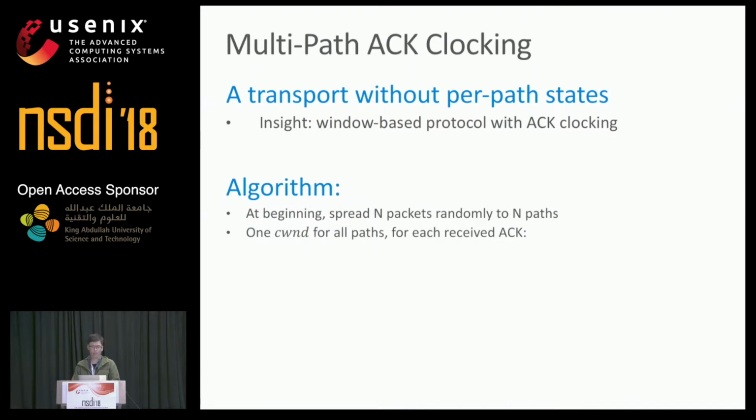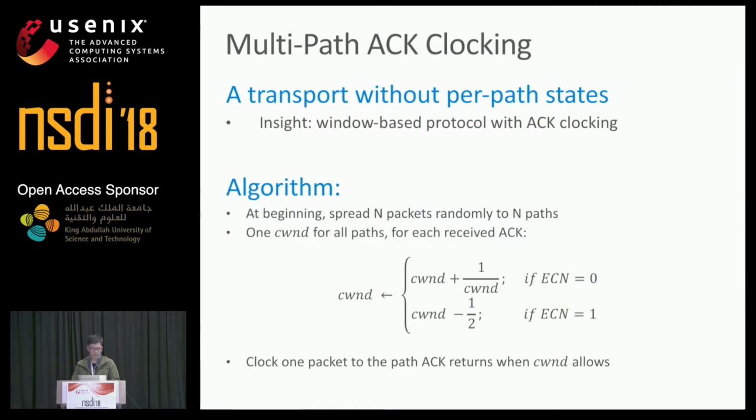For each received ACK, if it is an ECN packet, the congestion window is decreased by half a segment. If it is not an ECN packet, we additively increase the congestion window. And for every returned ACK, we clock out one packet to the path that the ACK returned from, when the congestion window allows it to do so.